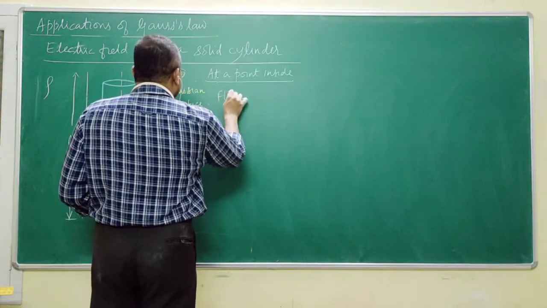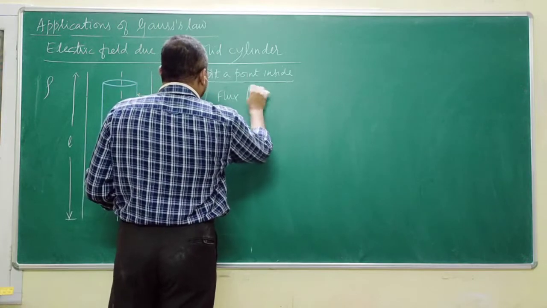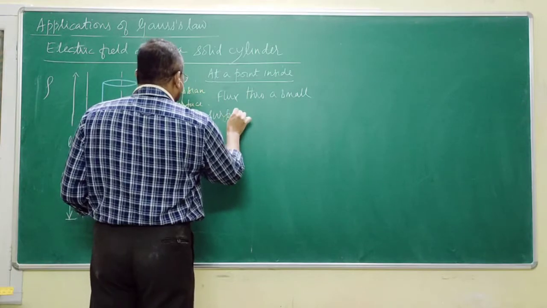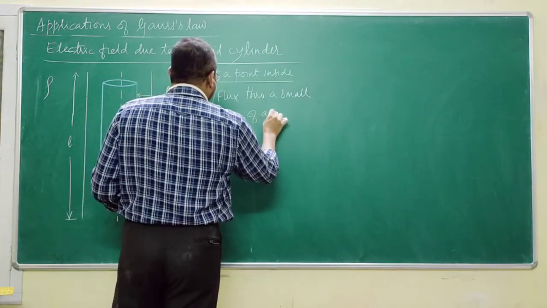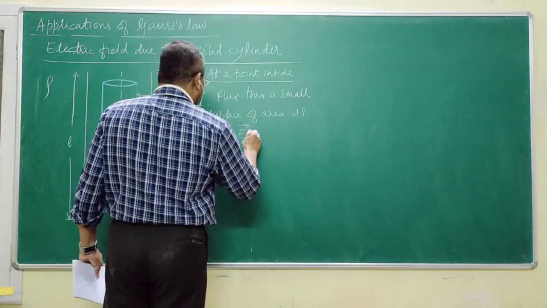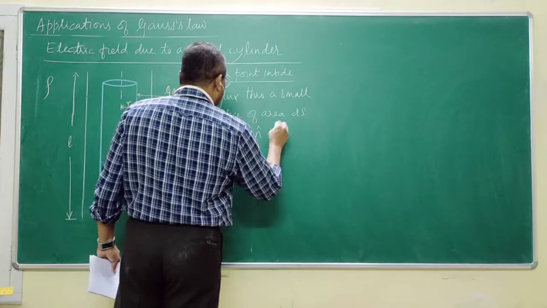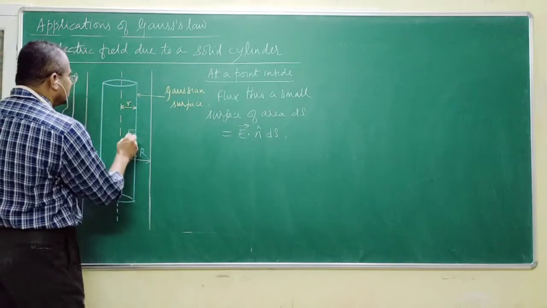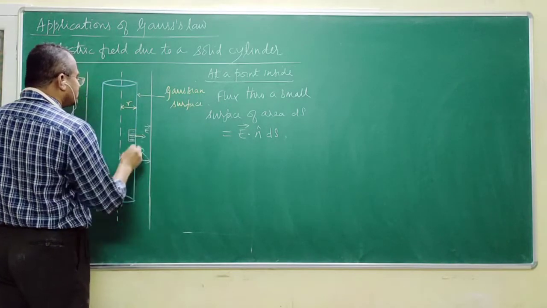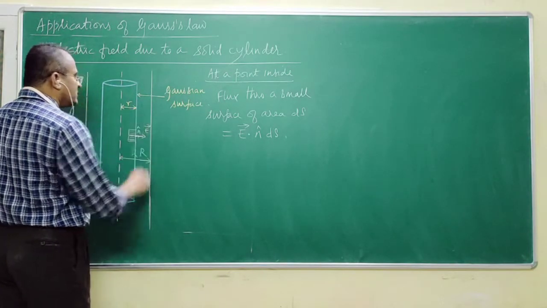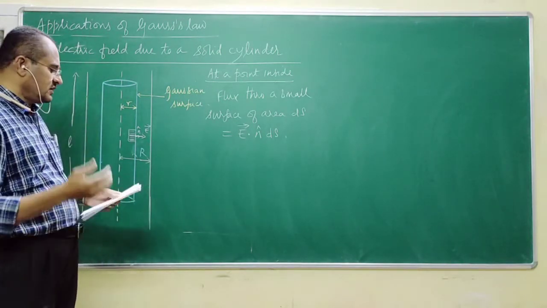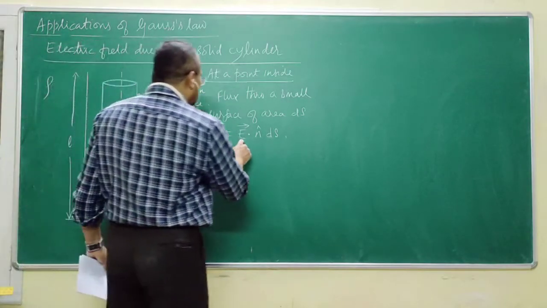Therefore, I write the flux through a small surface of area dS as E vector dot n unit vector dS. If you take positive charge, the electric field will point outwards, and the unit vector is drawn normal to the surface. E and n are parallel to each other, therefore it will be E dS.